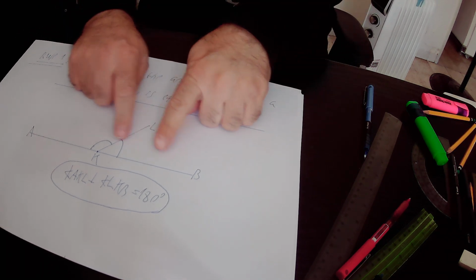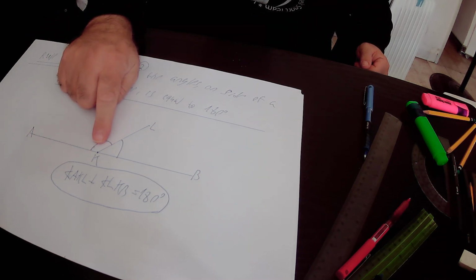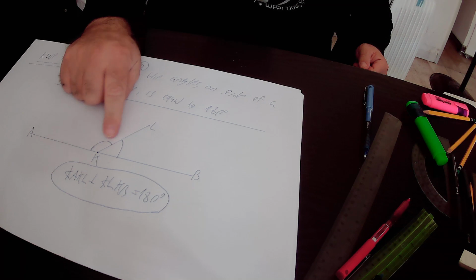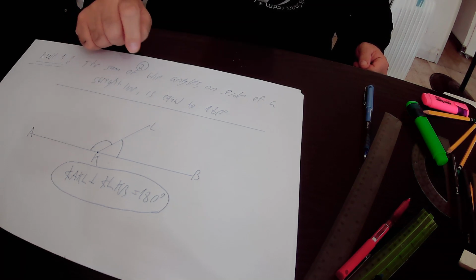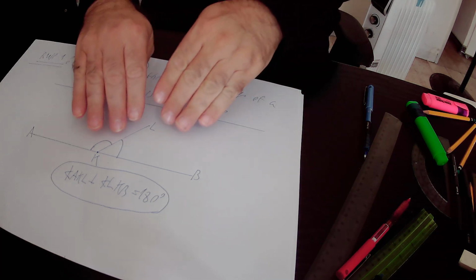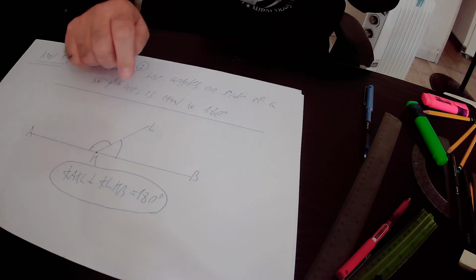So if AB is a straight line, and we have this point K on AB, and we have side LK, so if we focus on the upper side of the straight line AB, this is the upper side of the straight line AB at point K.